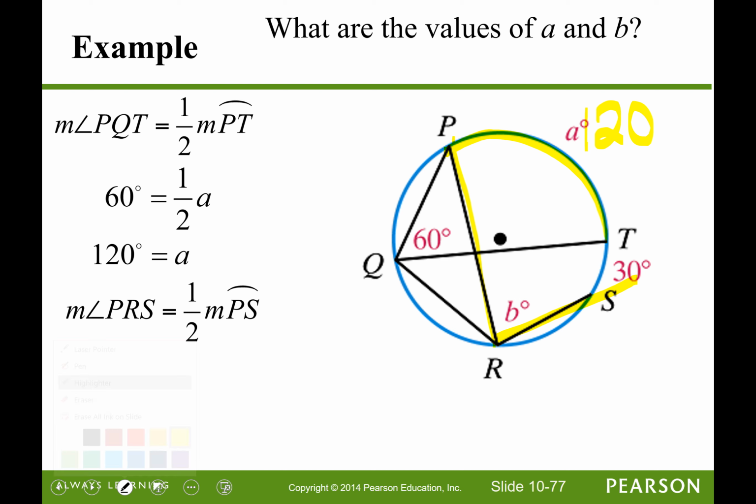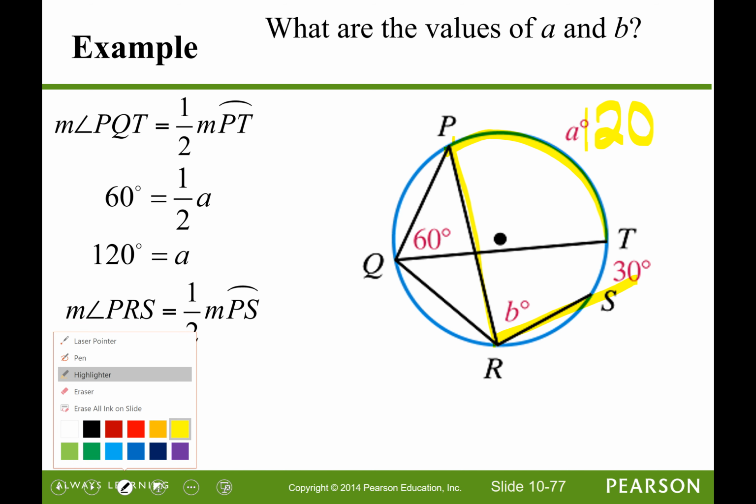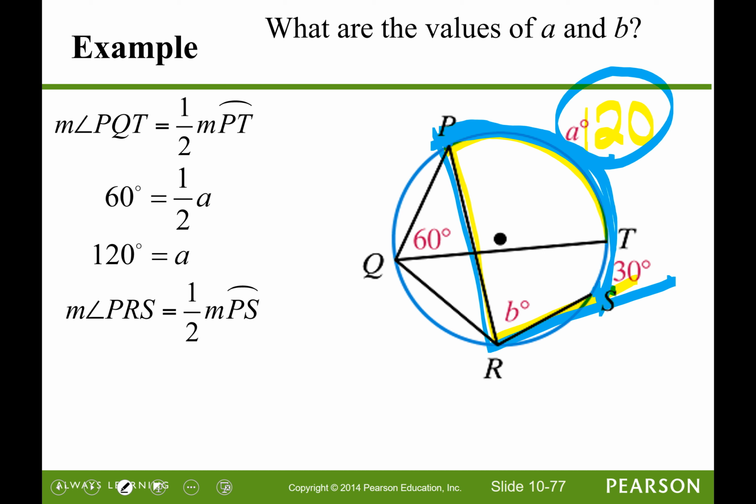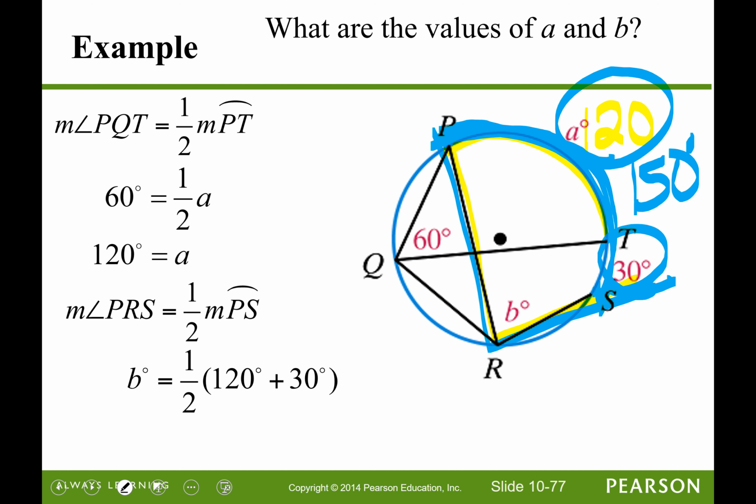The intercepted arc this time starts at P and stops at S. You see that? Angle PRS intercepts this large arc like this. So it's half that measure. Well, that measure is 120 plus 30 more. So it's a 150-degree arc. So the inscribed angle is half of that, which is 75 degrees.